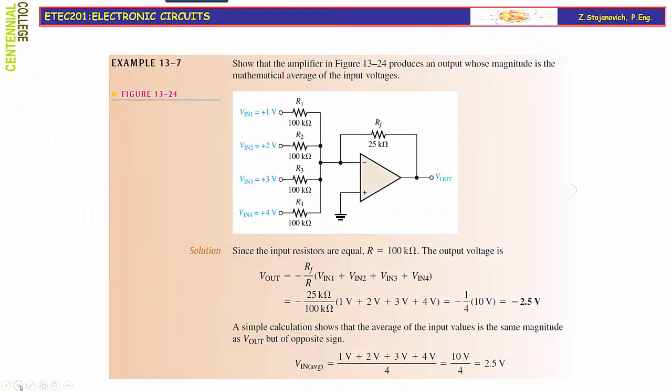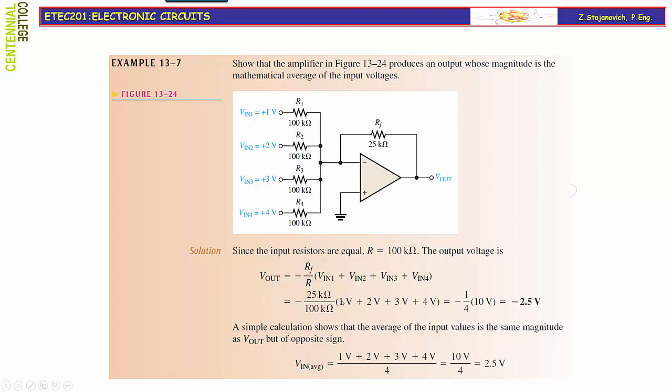In this example, we will show that the amplifier in figure 13-24 produces an output whose magnitude is the mathematical average of the input voltages. If you look at this figure, you will see that we have 4 inputs, all input resistors are equal at 100 kilo ohms, and the feedback resistor is 25 kilo ohms. If you find the ratio RF over R, you will find that it's 1 over 4, and 4 matches the number of inputs.